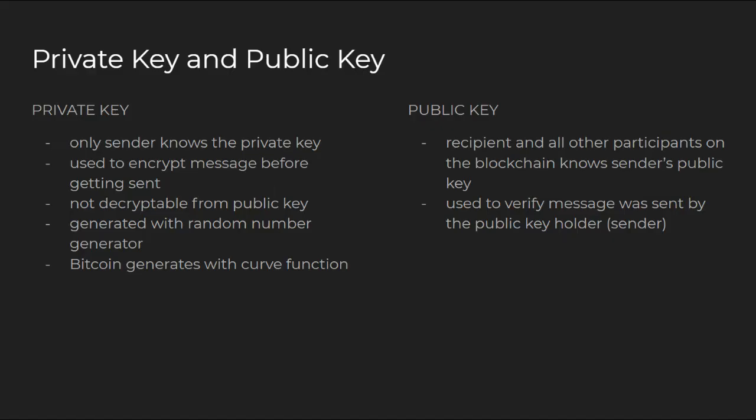Okay, so now we've gone over one way of securing a message by not letting it be read by a third party, and second, not allowing a message to be tampered with while being stored or sent to the recipient.